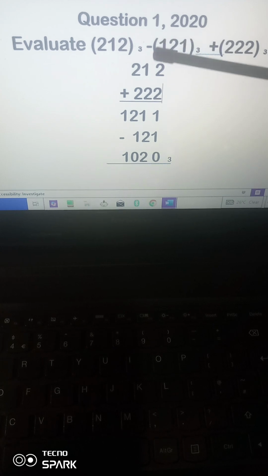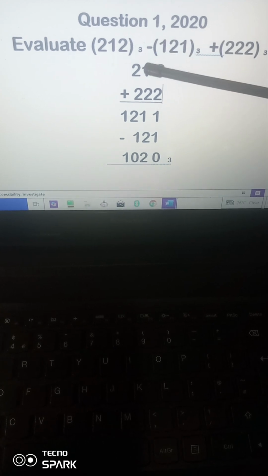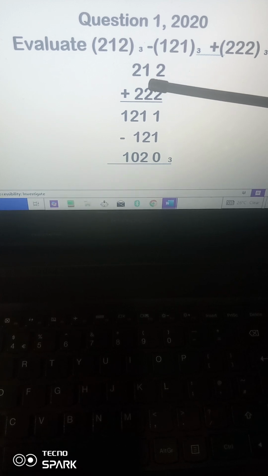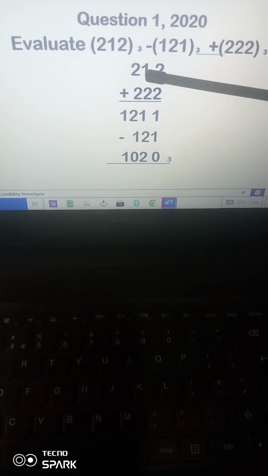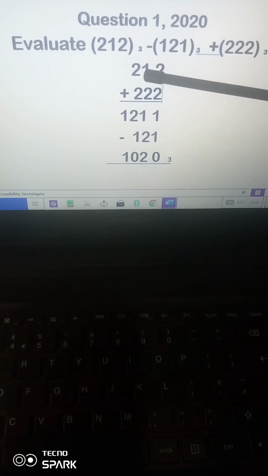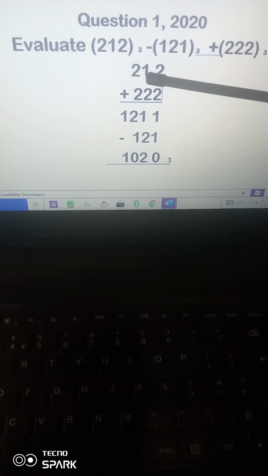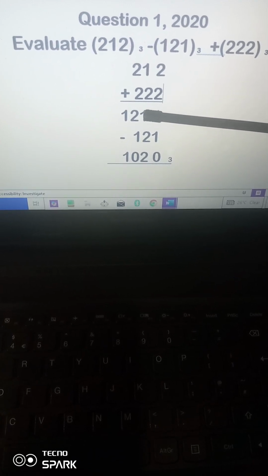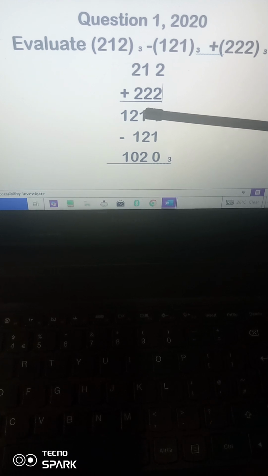The 1 we carry, we add it to this 1, it becomes 2. 2 plus 2 is 4. 4 in base 3 is 4 over 3, which is 1, remainder 1. We write the 1 here and carry the other 1.